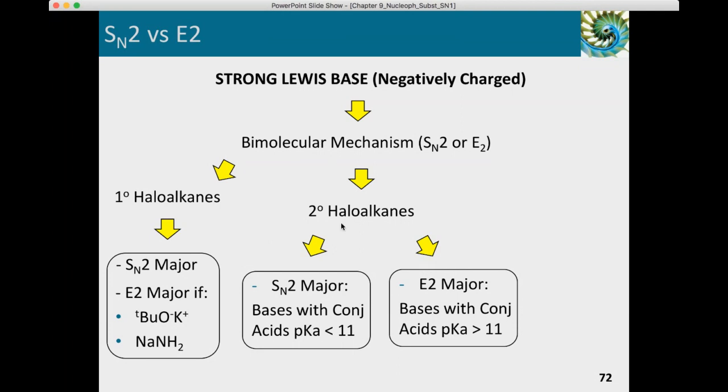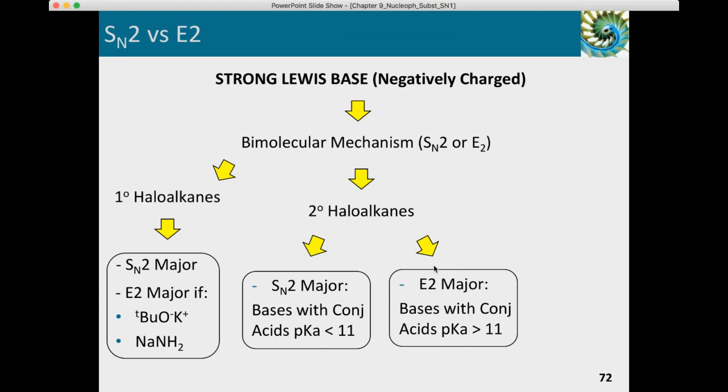Any Lewis base whose conjugate acid has a pKa below 11, those bases will favor SN2 with a secondary haloalkane. Those Lewis bases with conjugate acids having a pKa larger than 11, those Lewis bases will favor E2 elimination.